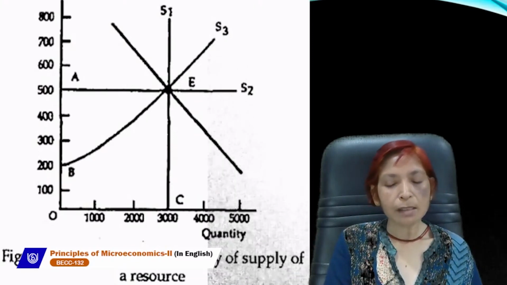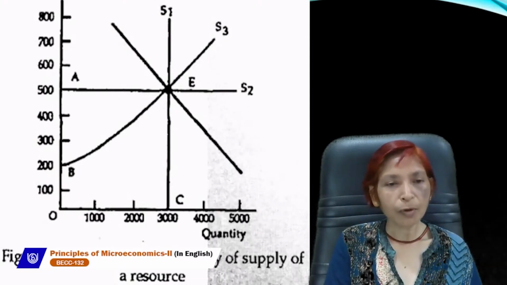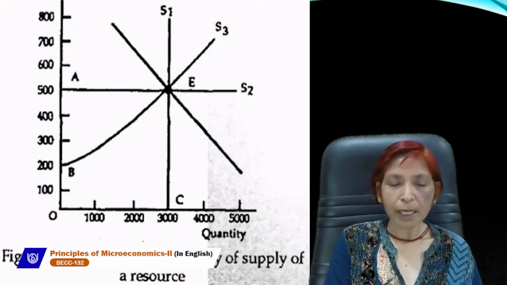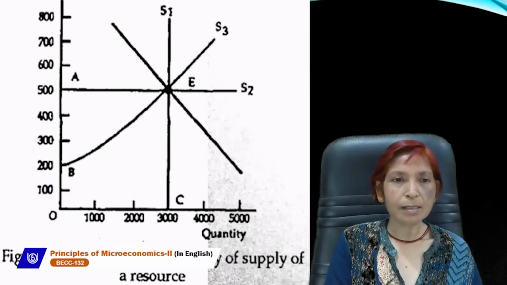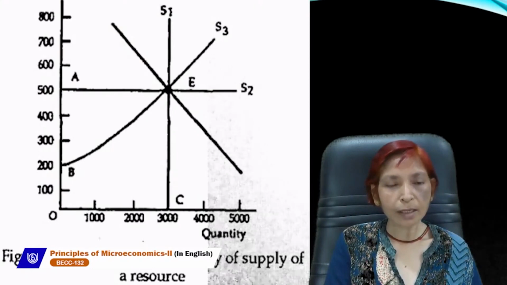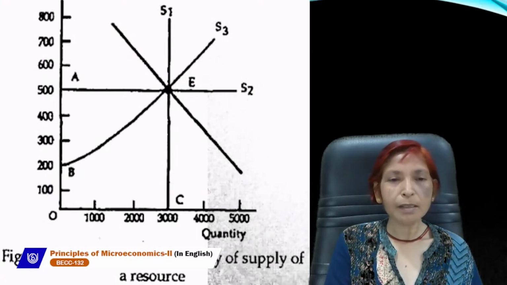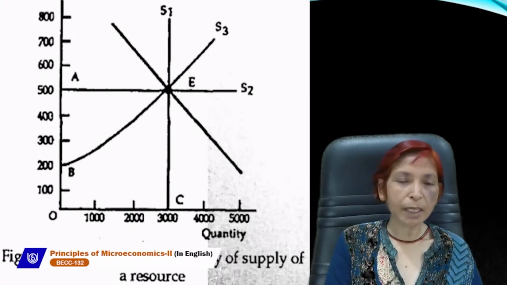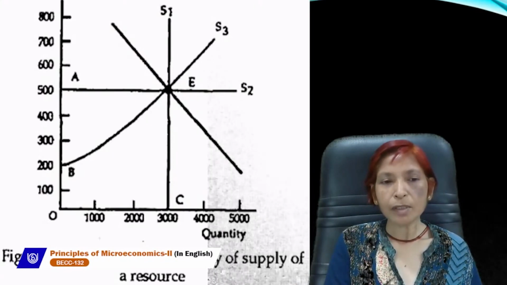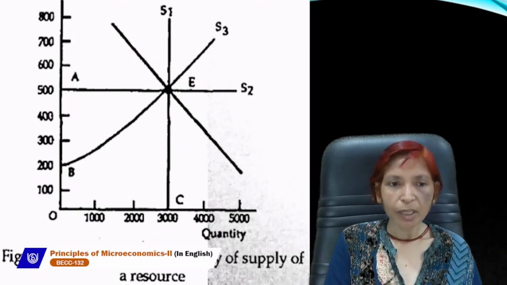Economic rent and elasticity of supply of a resource can be shown with the help of this combined diagram. Here, the S1 supply curve is showing the perfectly inelastic supply situation. The S2 supply curve, which is a horizontal line, is showing perfectly elastic supply, and the S3 supply curve is showing that supply is neither perfectly elastic nor inelastic. The demand curve is downward sloping, and only a single diagram will be drawn.